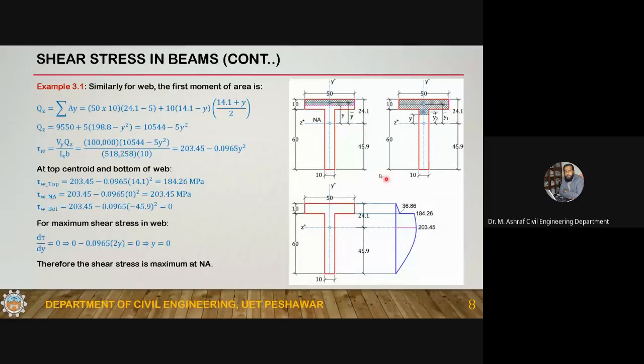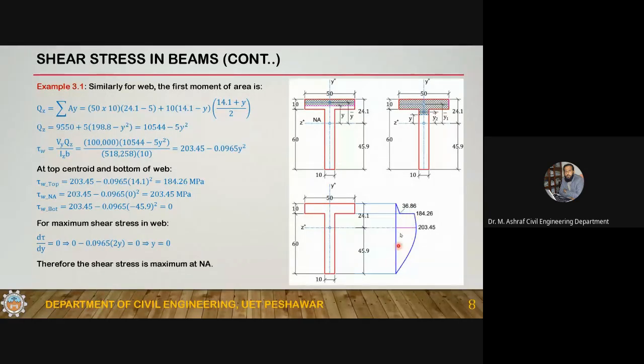Here you can see that the contribution here, this is a shear stress variation diagram. Okay, the contribution in resistance of the shear stress in resisting the shear stress by the web is very, very high as compared to the contribution of flange. Here you can see this is a very small contribution of flange.